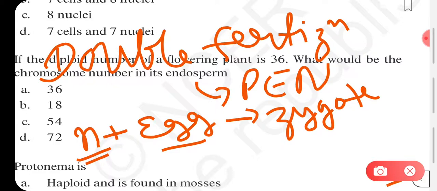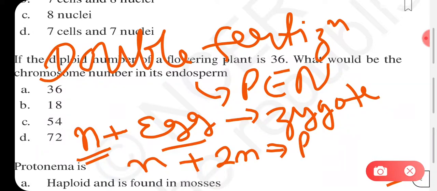Another fusion takes place: the other male gamete will go and fuse with the secondary nucleus which has formed. Okay, and this will lead to the formation of the primary endosperm nucleus. Getting it? So there are actually two male gametes. One of the male gametes goes and fuses with the egg cell nucleus. It forms a zygote. This fusion is called syngamy.